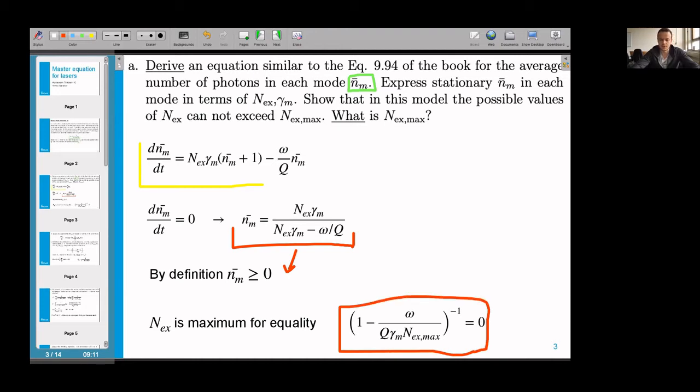We just simply take this equation, put it bigger or equal to 0, and the number of excited atoms is maximum if we have an equality, such that the number of modes is 0. Physically, it makes a lot of sense: it means that all the atoms are excited and there are no optical modes that exist.